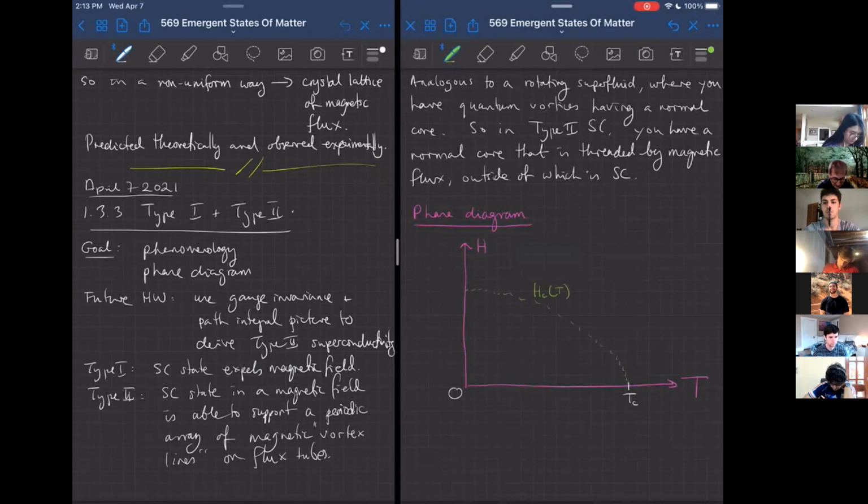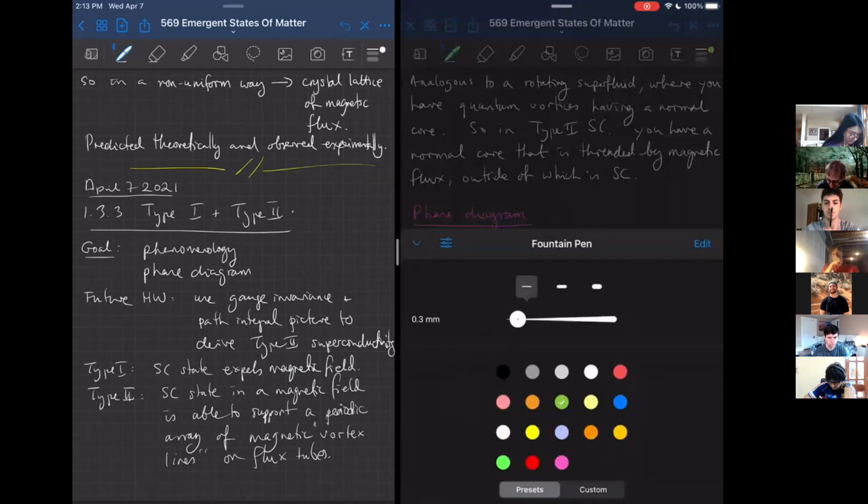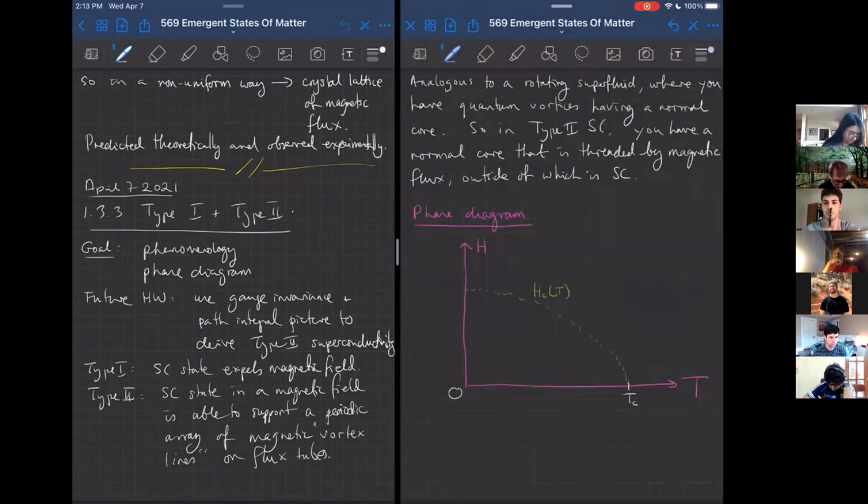Now, in a type 2 superconductor, we're going to see that there are actually two other lines in this phase diagram. There's a line that looks like this, and this line is called HC1 of temperature.